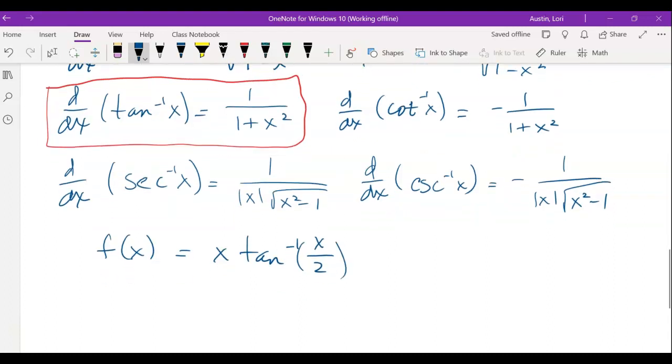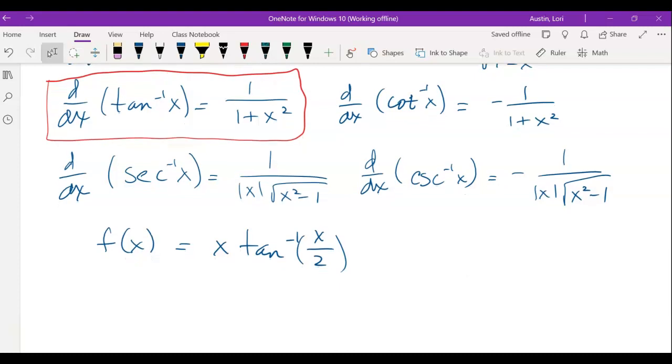F of x equals x tan inverse of x over 2. So notice, throughout today's lesson, quite a few times we've practiced the product rule. We're going to practice it again right now. You need to apply the product rule first.